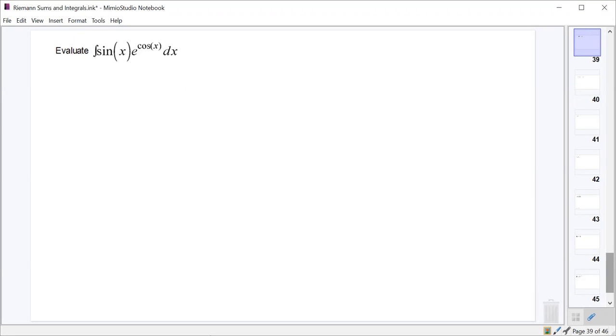So what is our u value going to be? Cosine x. Did you say sine or cosine? I couldn't hear. Cosine x, because it's cosine, nothing else. So we want u to be cosine x. And so if we try to write this as sine x e to the u dx, obviously that's a problem because we've got sine x and we've got e to the u, so we get different variables, plus we have a dx, so we have to have everything in terms of x to integrate in terms of x, or we have to turn this dx into a du and have everything in terms of u.